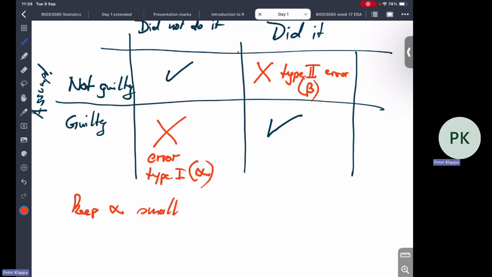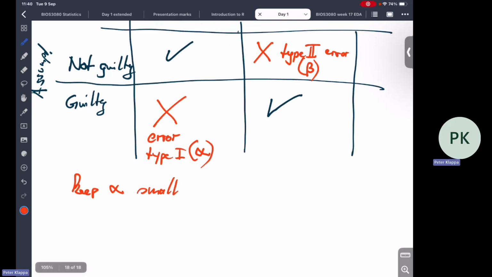You can tell I have faith in the jurisdictional system. In statistics, we are a little bit more relaxed, but we can actually say whatever value for this alpha we want, that is what we are going with.